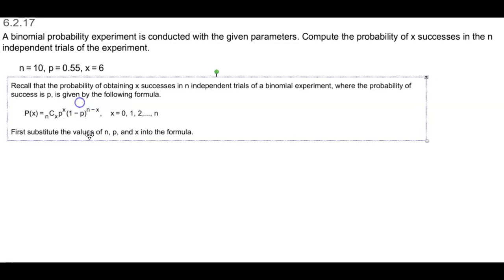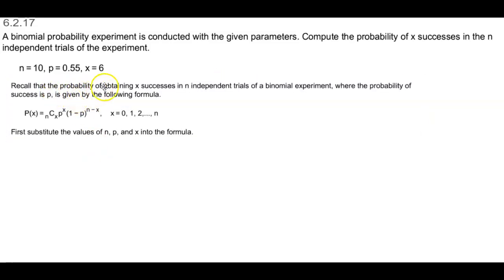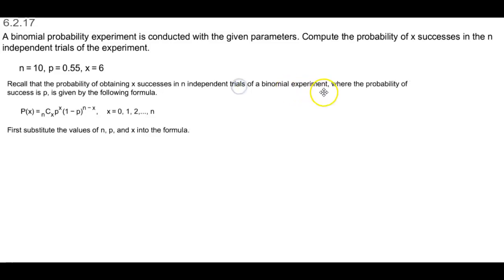Okay, first let's recall that the probability of obtaining X successes in the n independent trials of a binomial experiment where the probability of success is P is given by the following formula. We have the probability of X, which is 6, is equal to, this is n, which is 10, the combination of C where X is 6, the probability is 0.55, and we plug it into this formula.